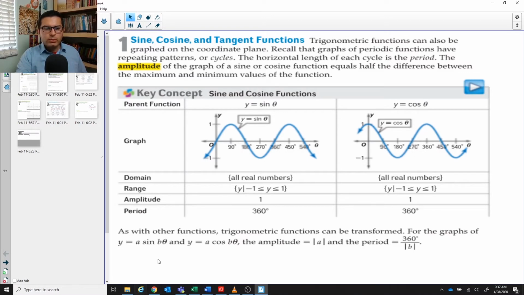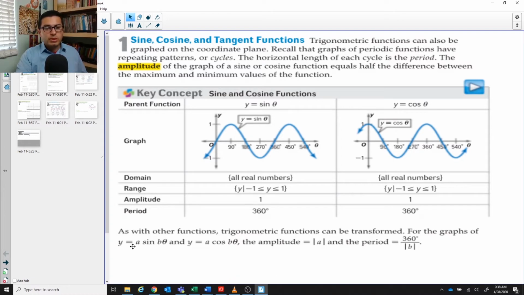Now, there's a couple cool functions down here. Notice that we sometimes have a number that's in front of the trig function, and then we also sometimes have a number that is in front of the angle that goes inside of the trig function. Now, these two things make it really easy to find our amplitude and period.